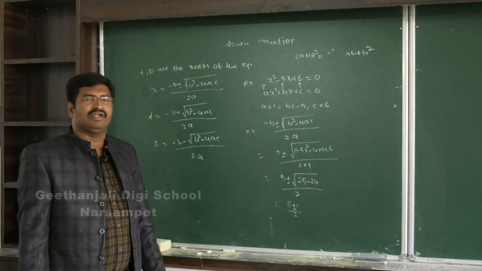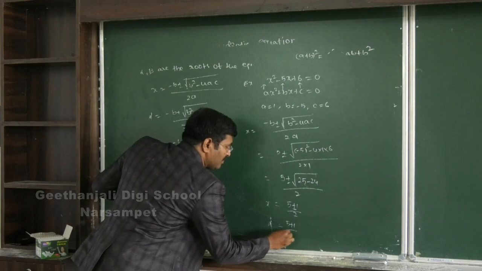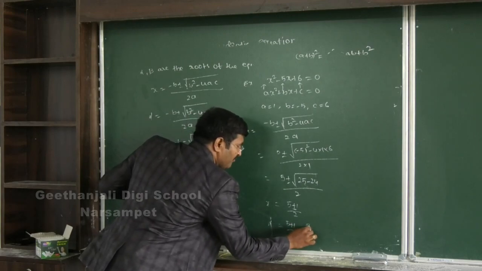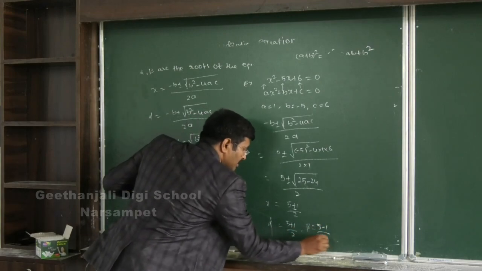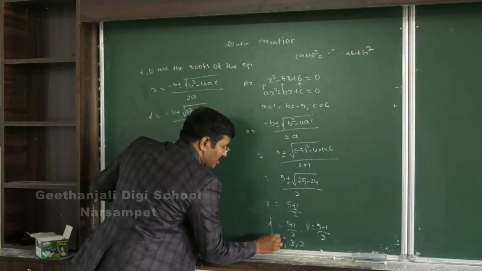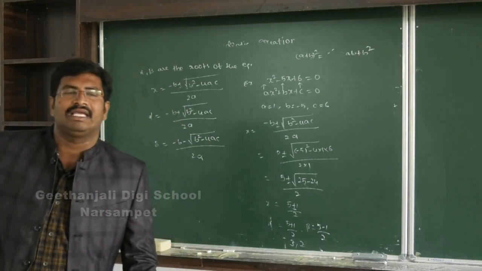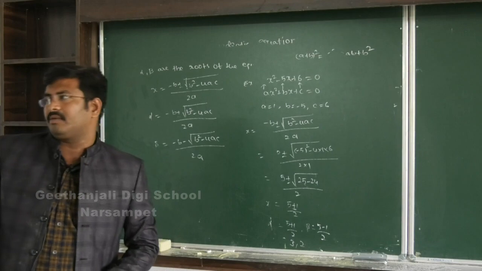Taking alpha as 5 plus 1 by 2 and beta as 5 minus 1 by 2, we get 3 comma 2 as the roots of the quadratic equation by using the quadratic formula.